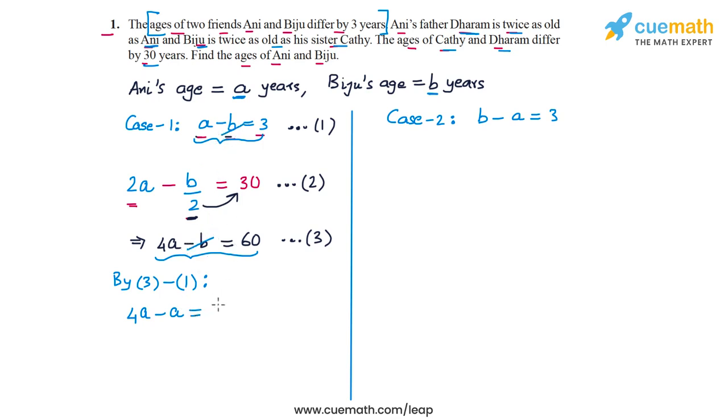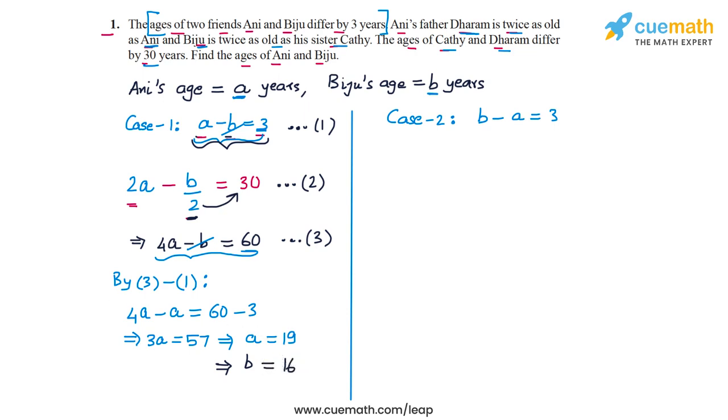On the right side it will give me 60 minus 3, and this means that 3A is equal to 57 or A is equal to 19. And if A is equal to 19, then from equation 1, A minus B is equal to 3, this means that B is equal to 16.